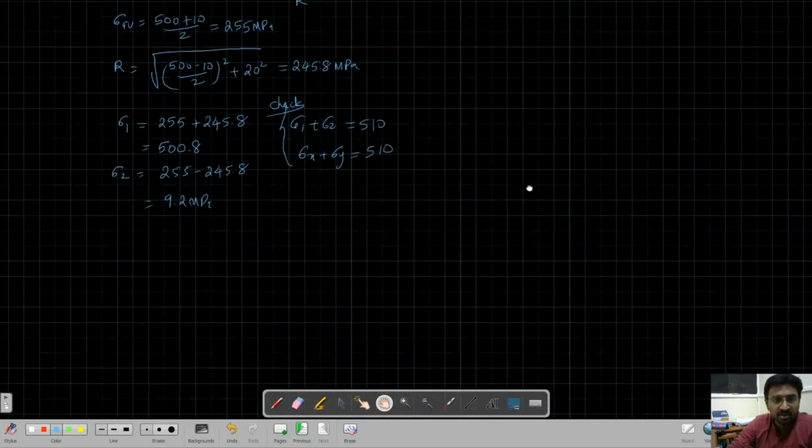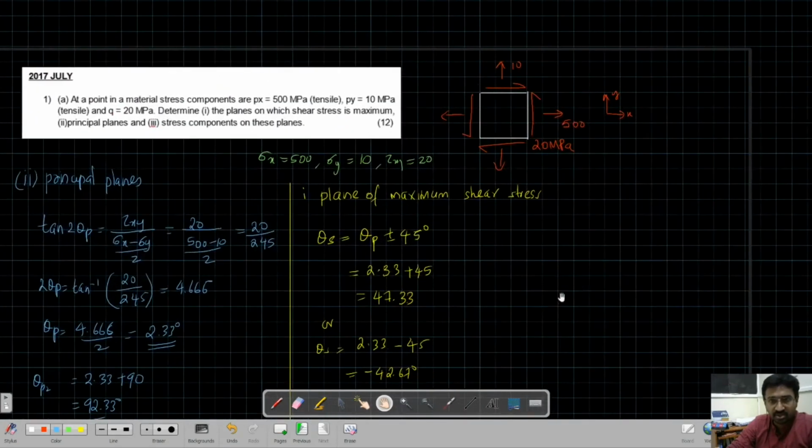Now I will also draw this stress block. So this is my original stress block. Again, it is for your understanding that I am doing this.